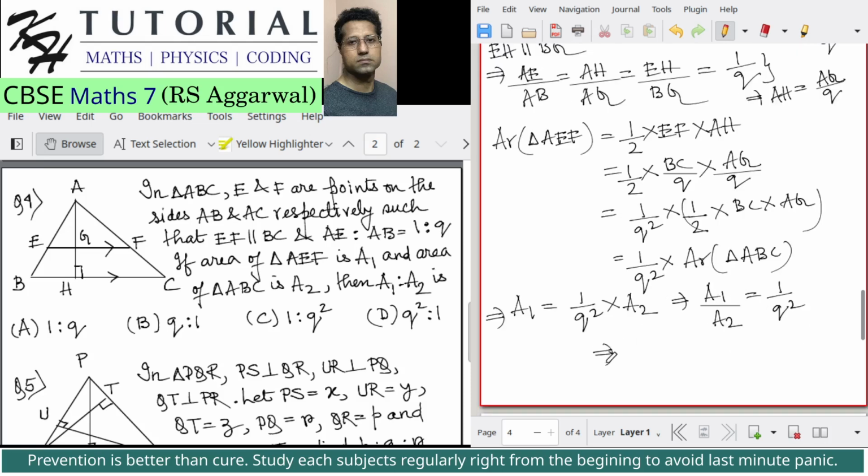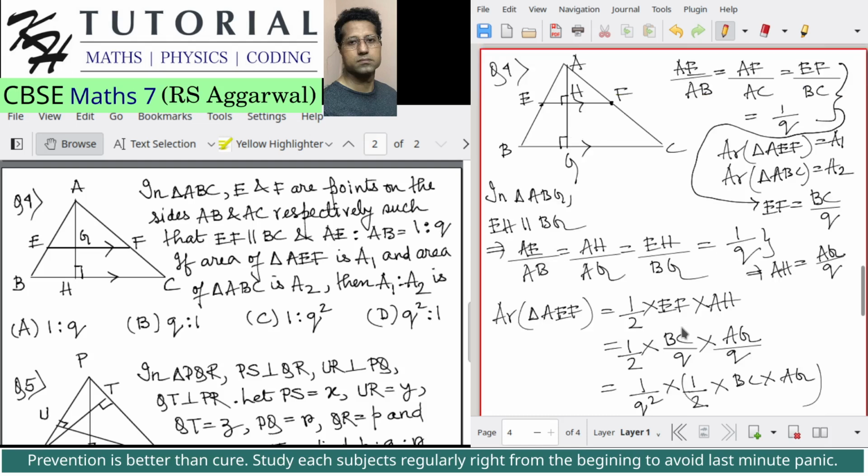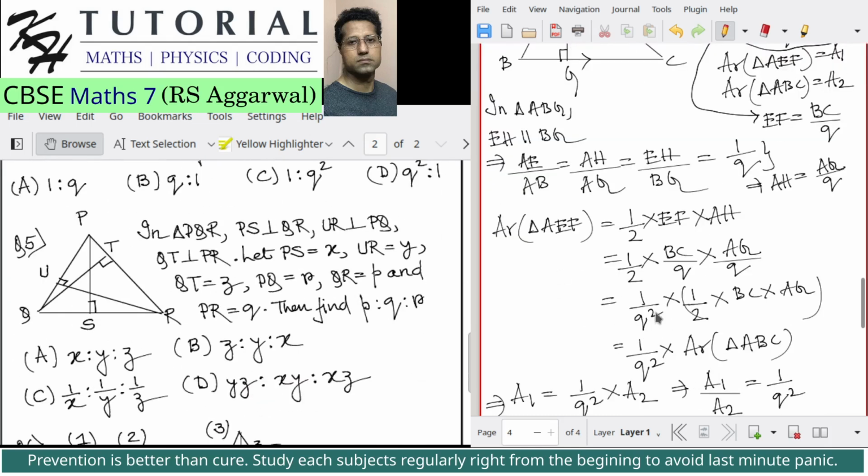So A1 is to A2 will be equal to 1 is to Q square. 1 is to Q square is the ratio of A1 is to A2. So the correct choice is C. Okay, let's do question number 5.